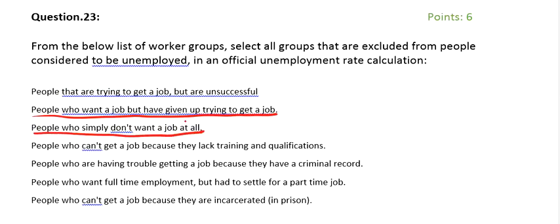People who can't get a job because they lack training and qualification. People who are having trouble getting a job because they have a criminal record. People who want full-time employment but had to settle for a part-time job. People who want to get a job but are in prison, that's also the case. So these three cases.